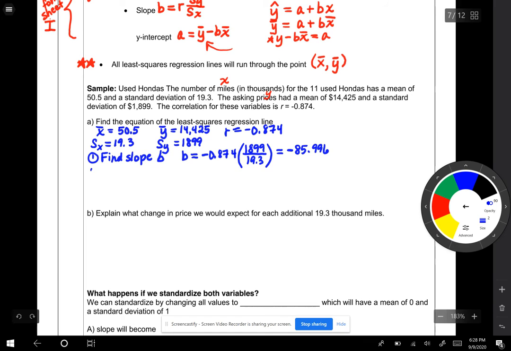We know slope now. Next thing we need to do is find the y-intercept so we can write our equation. Hopefully this brings back memories of algebra. To find the y-intercept, we're going to use that last equation, a equals y bar minus b times x bar. So a equals y bar, which is 14,425, minus b, and remember b is negative, so don't forget the negative, times x bar, which is 50.5.